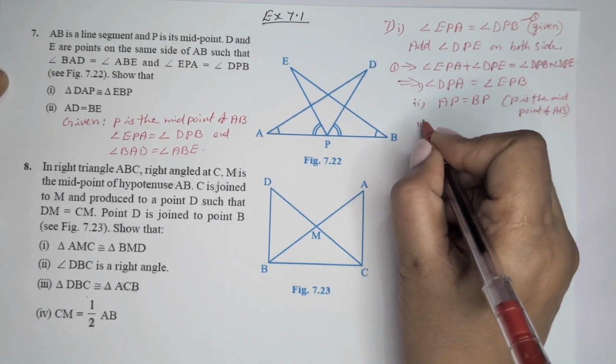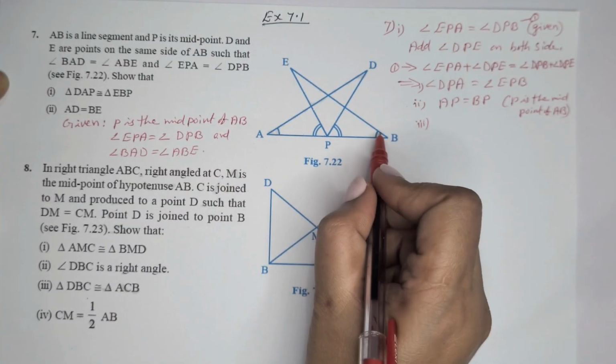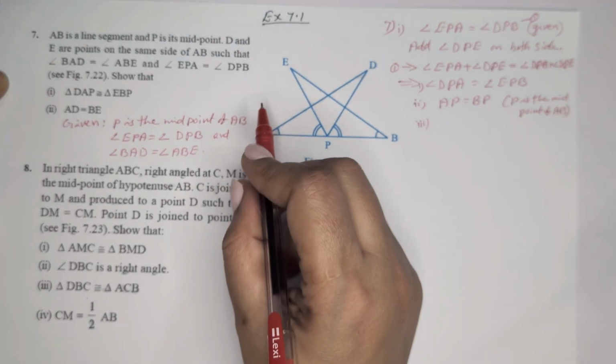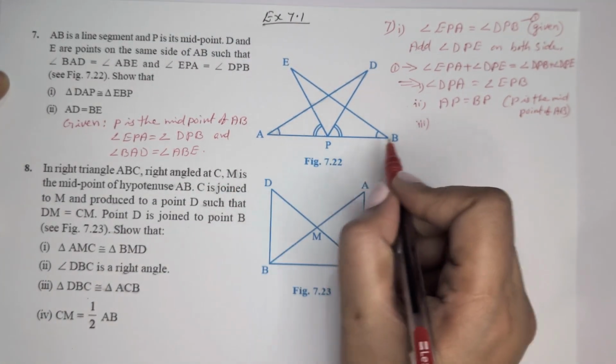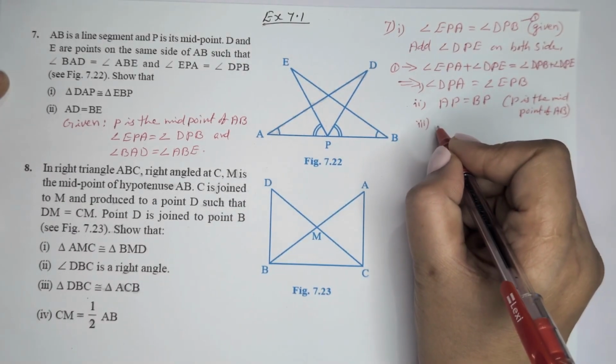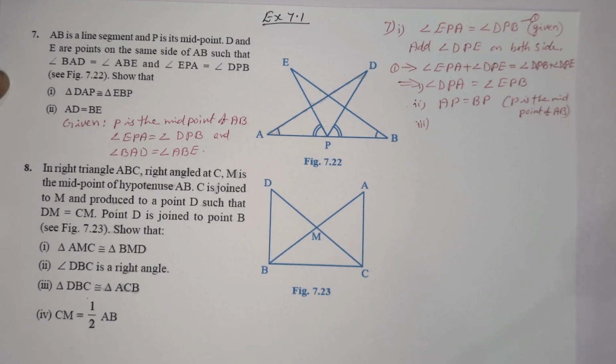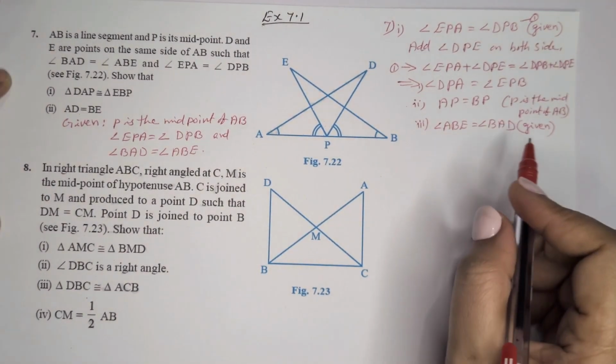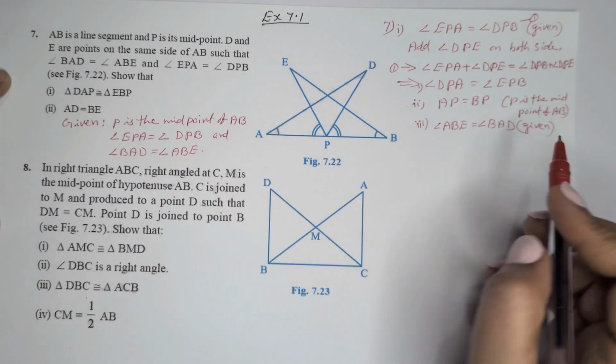Now one more condition that is given here: these two angles, which means angle BAD is equal to angle ABE, that is given.